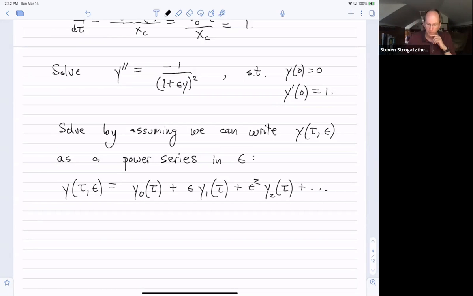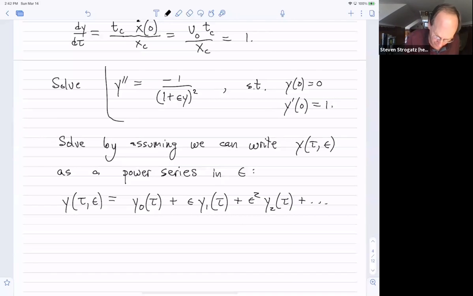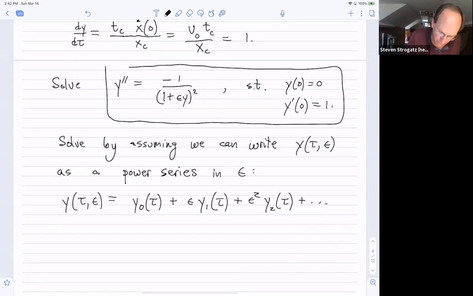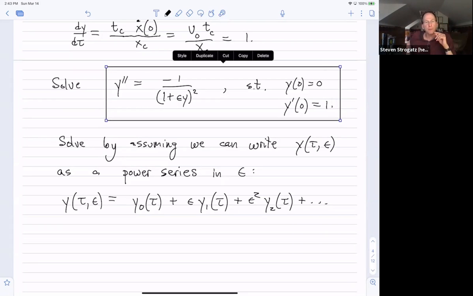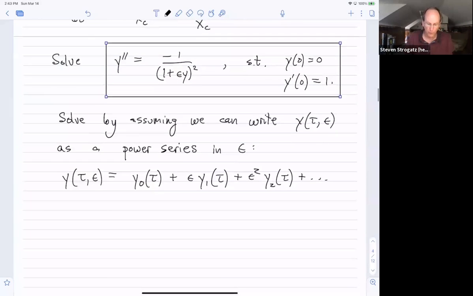Or we can just take as many terms as we care to take. All right, so it's a power series in epsilon where the coefficients are themselves functions of tau. And the beauty of this is that when we pop that into the differential equation, the initial value problem written down up here, we're going to convert this nonlinear problem into a series of linear problems, which are much more tractable, and very easy to solve, actually, using standard methods from a calculus course or a first differential equations course.